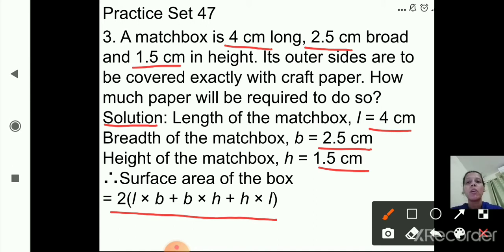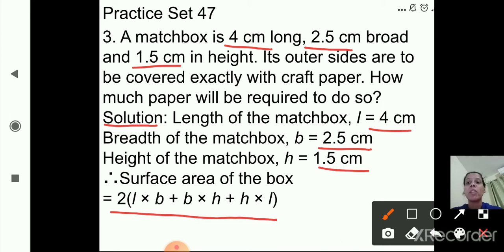We know length, breadth and height are given in the question, so we'll put those values. Okay, I hope you are clear till here. What is given in the question? In the question the length, breadth and height of the matchbox are given, and its outer sides are to be covered exactly with craft paper. How much paper will be required to do so?